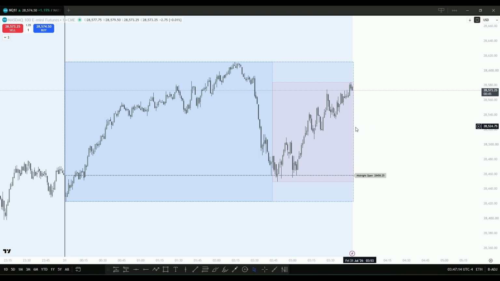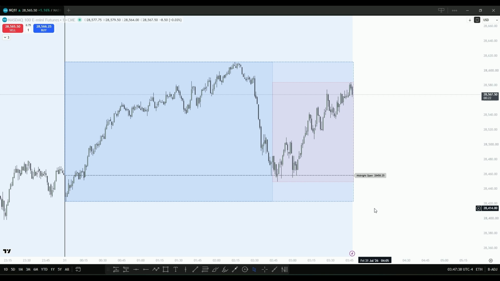So what is different about the SMT divergence that I want to see compared to a standard SMT divergence? Well, the difference is in the fact that it should form in a specific place. So what specific place?